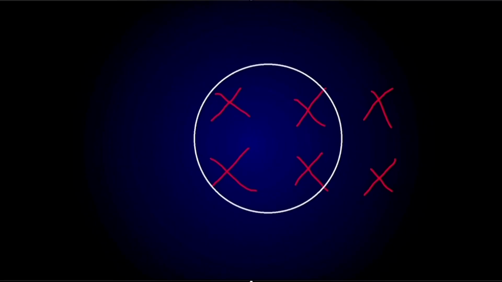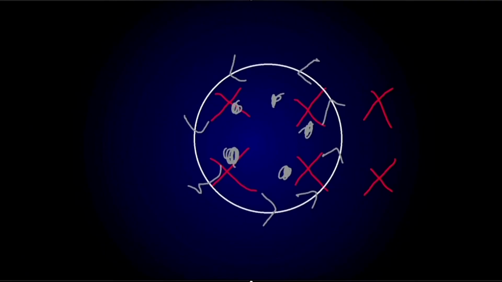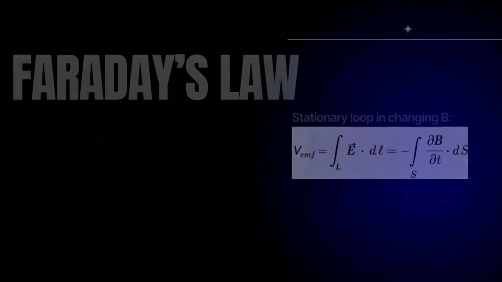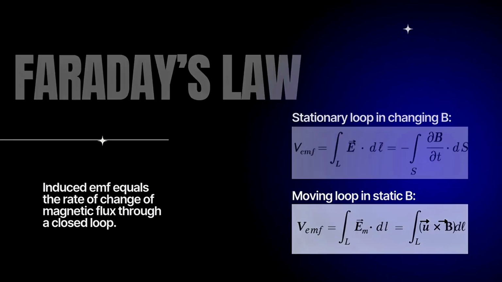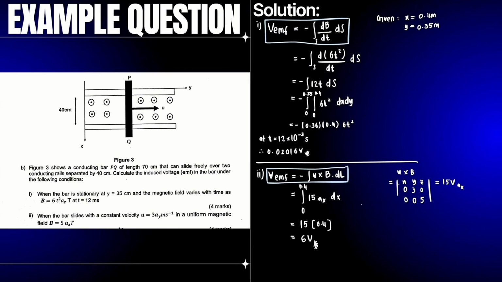This will also create an induced current in exactly the same direction as we saw just now, also using the right-hand grip rule. What's important is that the created magnetic flux opposes the original magnetic field lines. Faraday's law states this, which is EMF is the rate of change of B flux in the loop, which is Maxwell's last equation, and these are the formulas for each case.